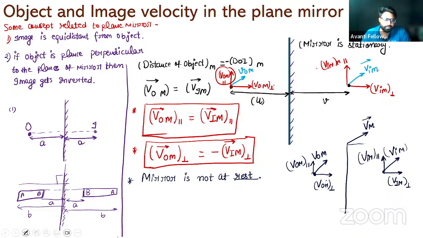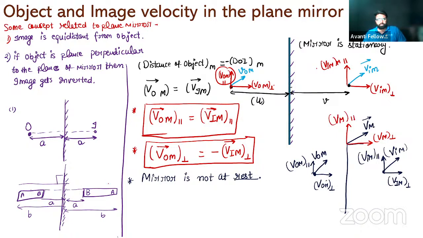Got it? We can also resolve this Vm vector. This is the velocity of mirror perpendicular to its plane, and this is the velocity of mirror parallel to its plane.